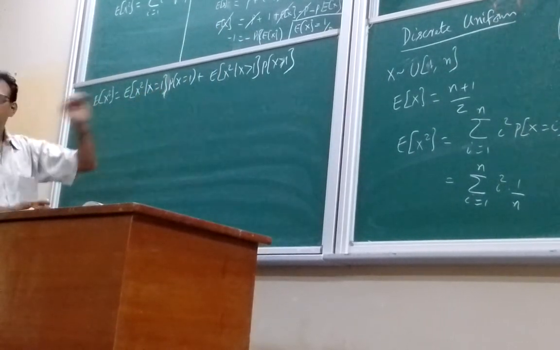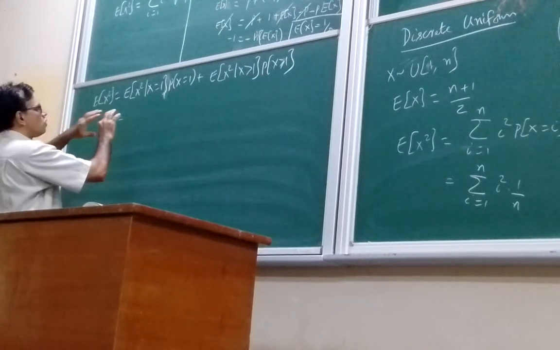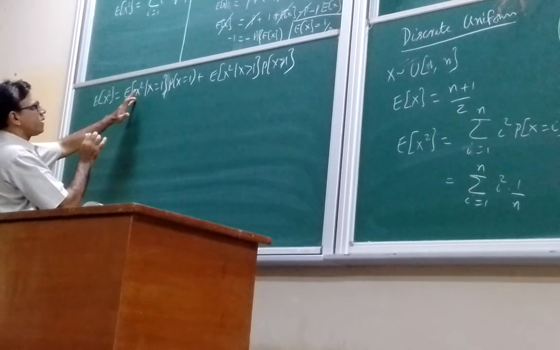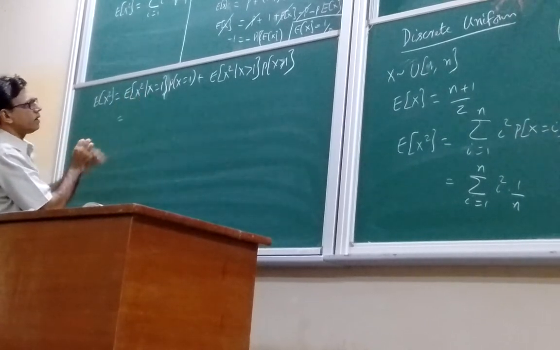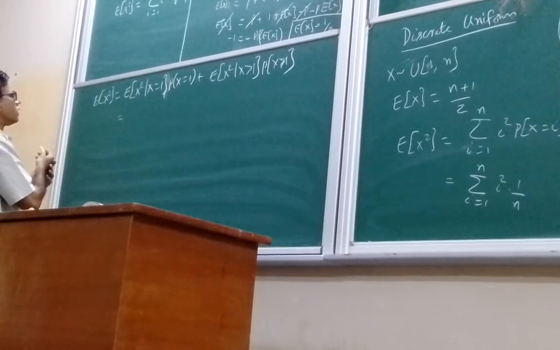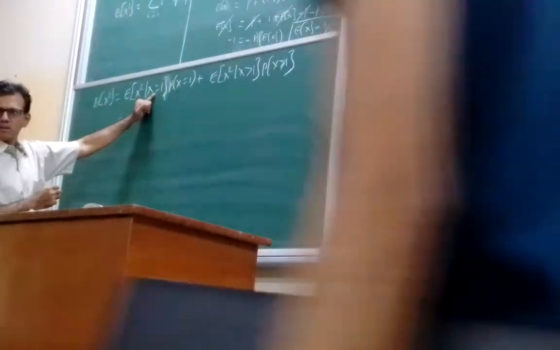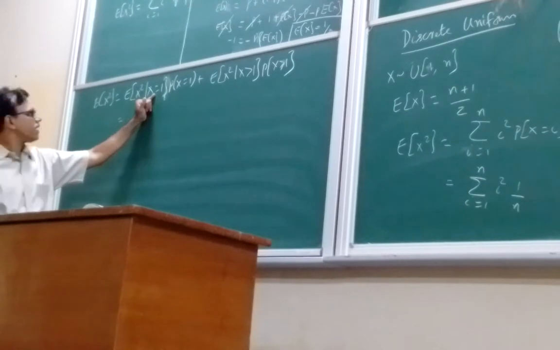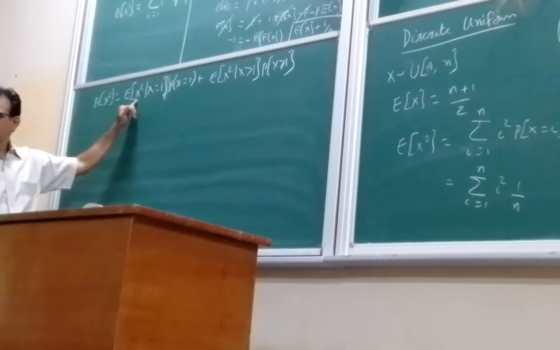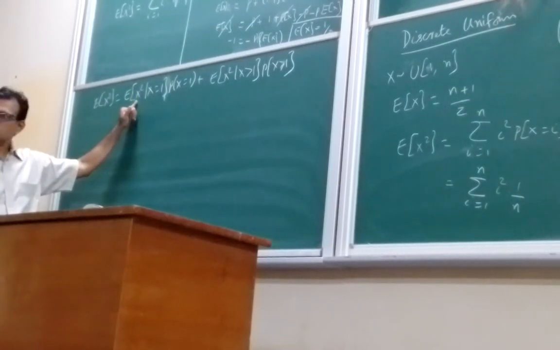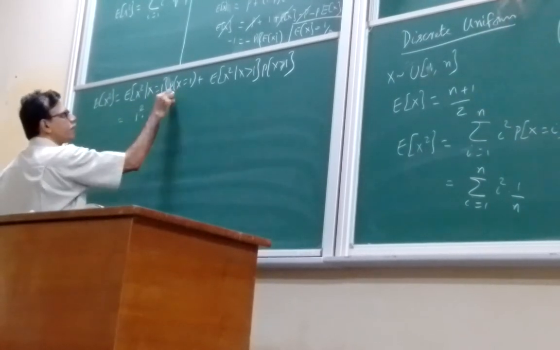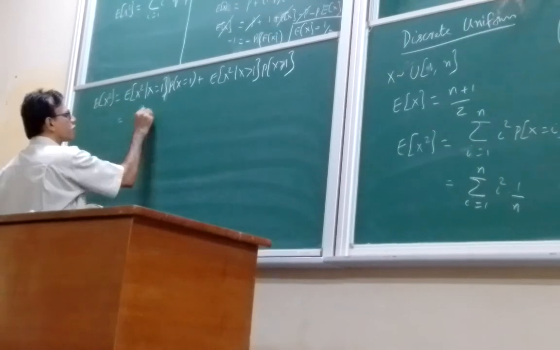So you can write it like this. What is again this one, E of x squared given x equal to 1? If x equal to 1, it means success has occurred in the first trial. Then what is the expectation of x squared? It is 1 squared into the probability x equal to 1, which is p.